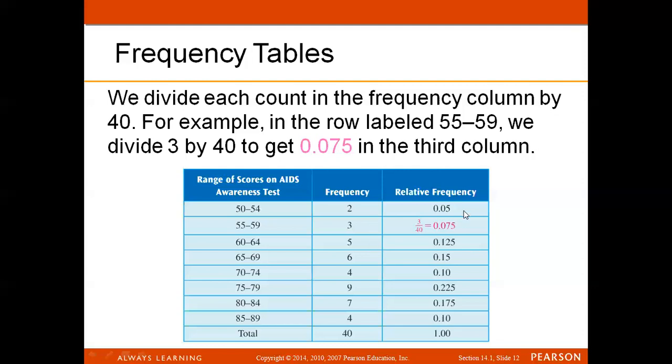So 2 divided by 40, 3 divided by 40, 5 divided by 40, 6 divided by 40, 4 divided by 40, 9 divided by 40, 7 divided by 40, and 4 divided by 40. If we sum the relative frequency column, we should sum to 1.